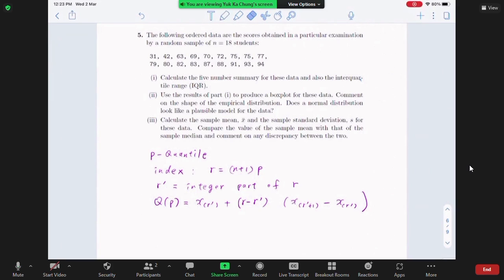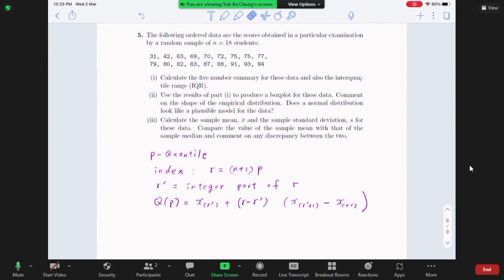It is a product, okay? We need to multiply the fractional part of the index by the difference between the rth number and the next number.